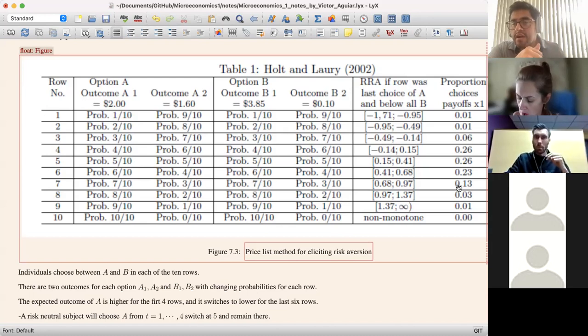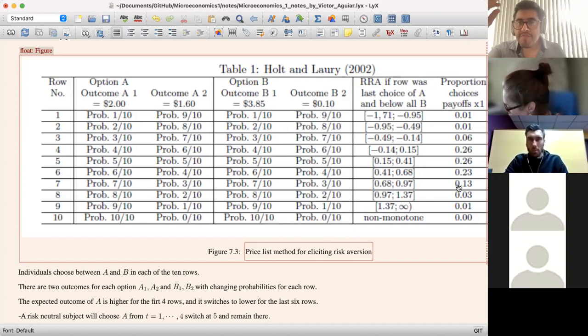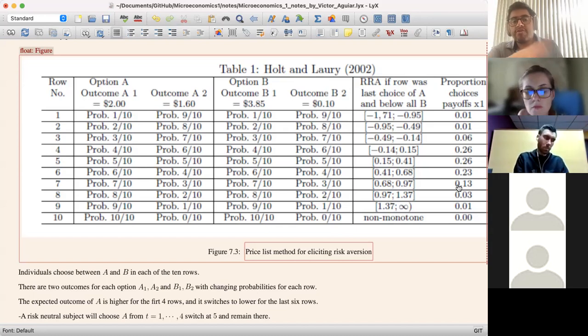Holt and Laury, in the 2002 paper, ran it for a big survey in the Netherlands, right? And they were able to compute the risk aversion levels with demographics. So a lot of people have done a lot of work on trying to compute risk aversion of different populations, right? And this method seems to be quite good, especially if lotteries are simple to understand.